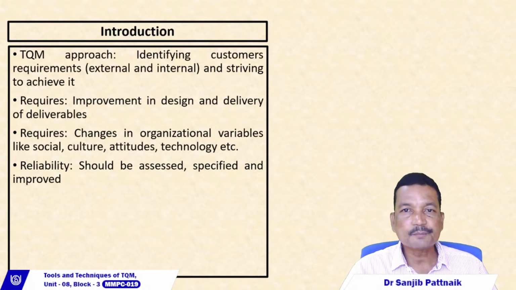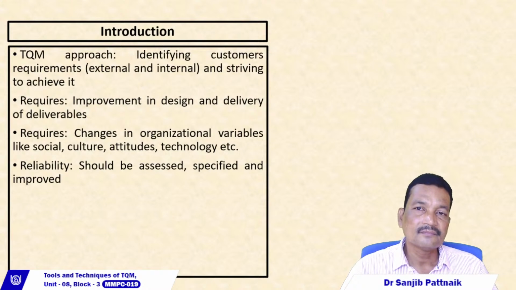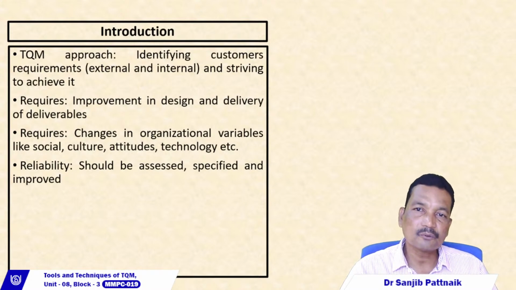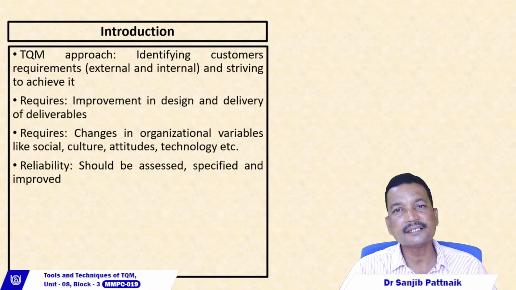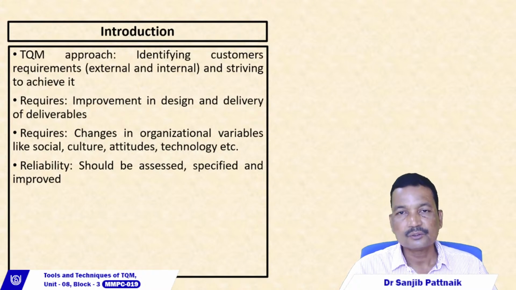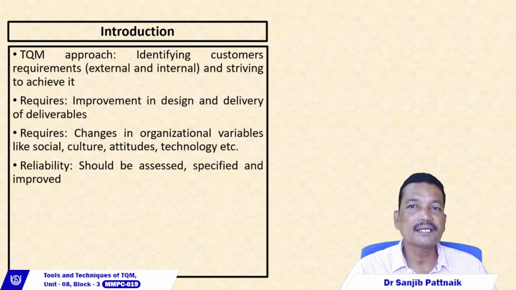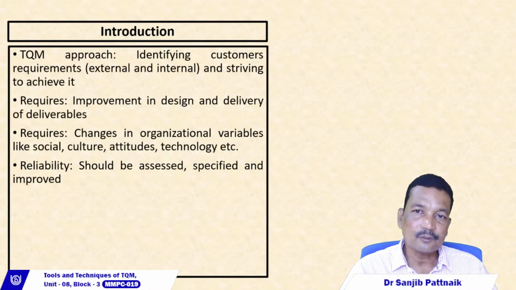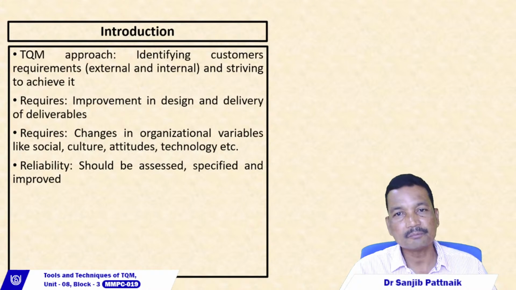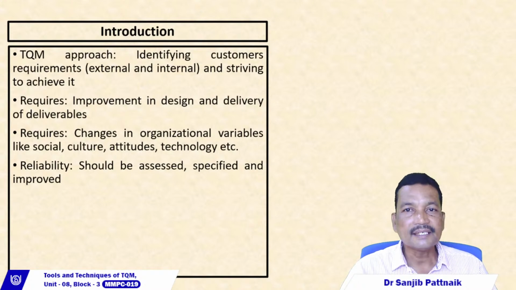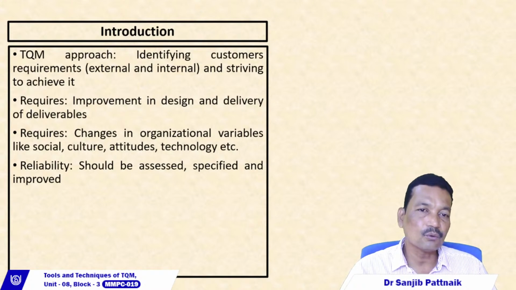Now, each process will be processing whatever it has received from the previous process, and it will be passing on the further processed items to the subsequent or the next process. So the output of the previous process is the input of the next process. Now here the thing is, each process has its own requirement.